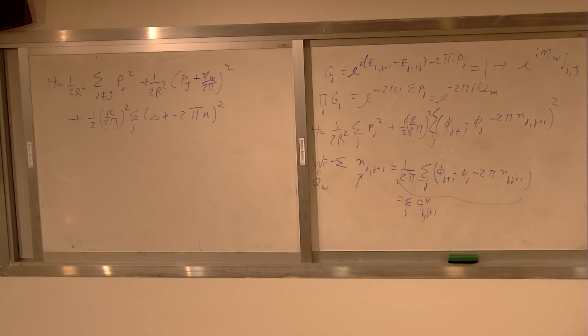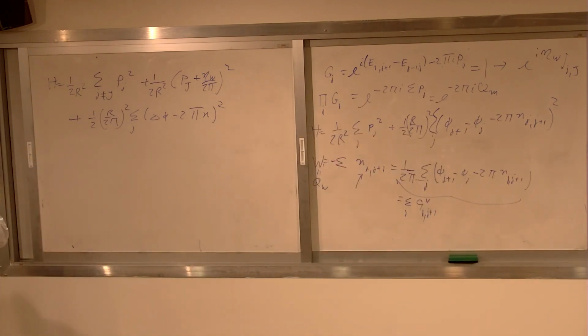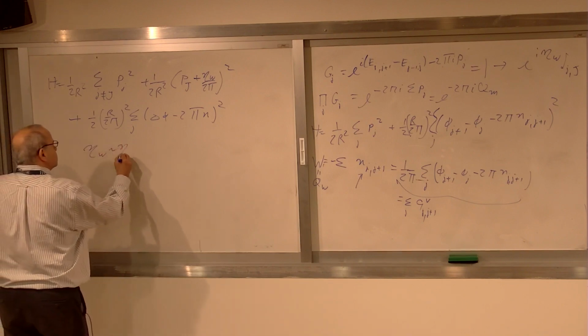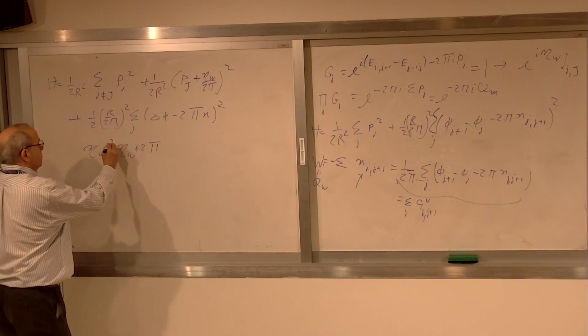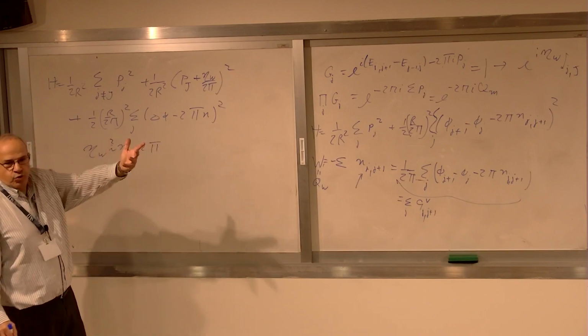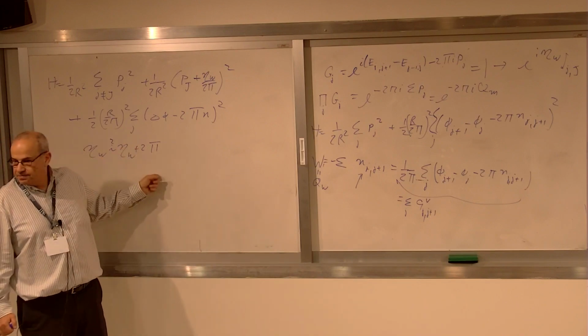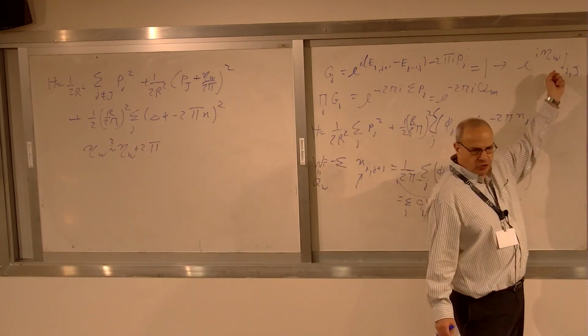Now, is this a good winding defect? Problem number 1, the symmetry was U1, not R. The winding symmetry was U1. So is eta W the same as eta W plus 2 pi? I'm asking. We did a twist by a U1 transformation, so that too should be the same. In fact, in the presentation, using modification of Gauss' law, it's obvious.